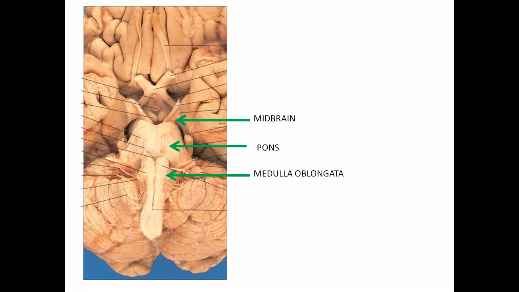Below the medulla oblongata, we have the spinal cord. Now, these three structures, which are situated one below the other, the midbrain, the pons, and the medulla oblongata, are together called brainstem. The brainstem consists of the fibers of ascending tract and descending tract. More importantly, it lodges the nuclei for most of your cranial nerves.